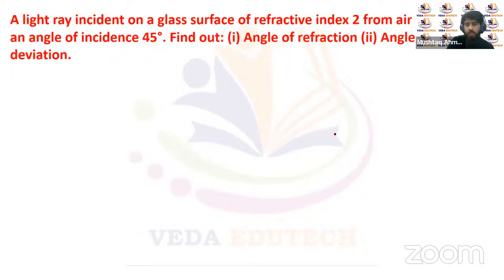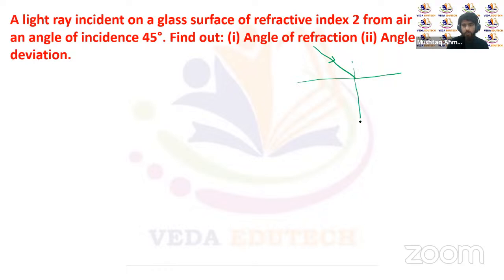Now let's try to solve a question on refractive index. A light ray is incident on a glass surface of refractive index equal to 2, from air, at an angle of incidence 45 degree. We have to find the angle of refraction and angle of deviation. So let's suppose this is the interface between the two mediums, and this is the ray of light incident on the glass medium from here, and this is the normal.